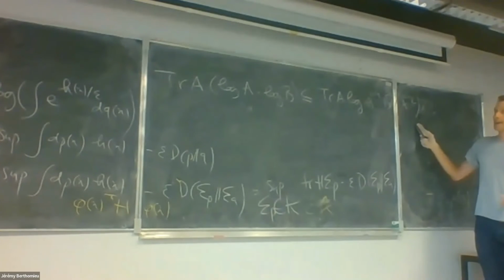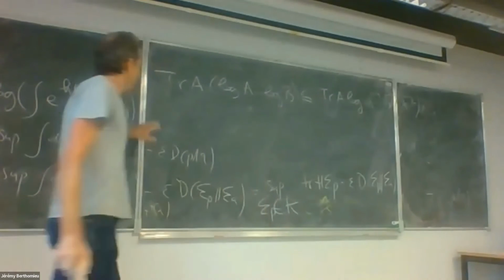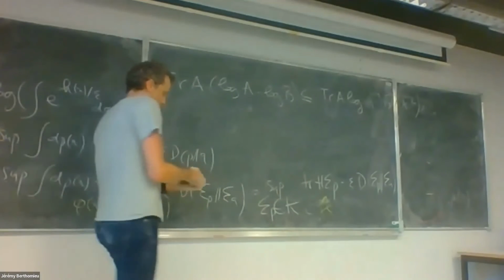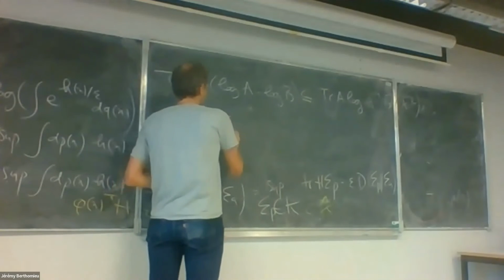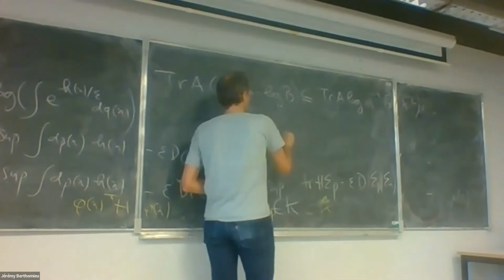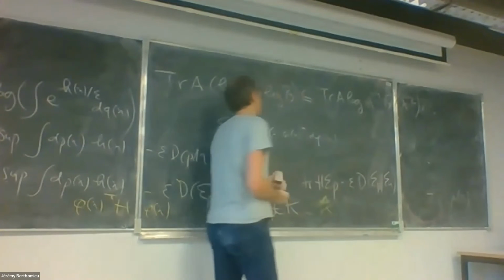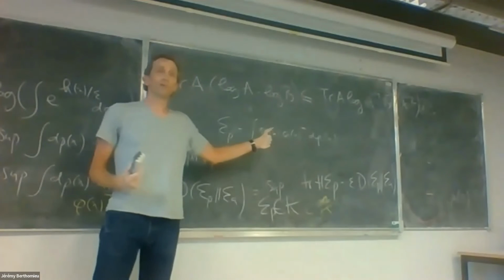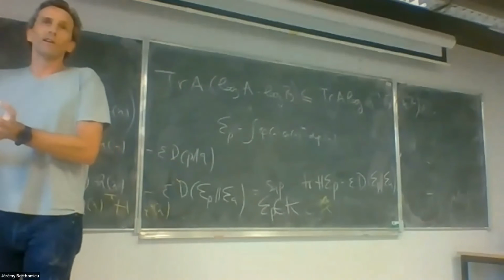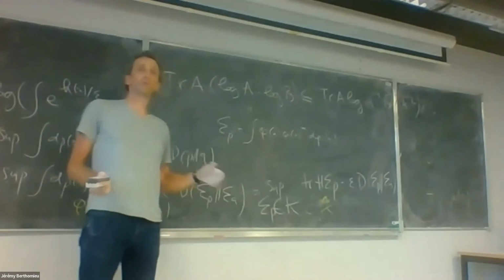It's just the same. But there is a nice fact, which I will not describe, is that sigma P and sigma Q, the sigma P is an integral of, it depends on phi, okay? So if I give you phi, you may want to change phi a bit to get a better bound. Okay?